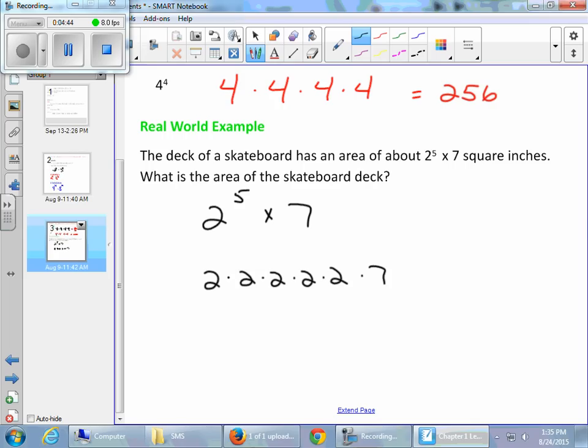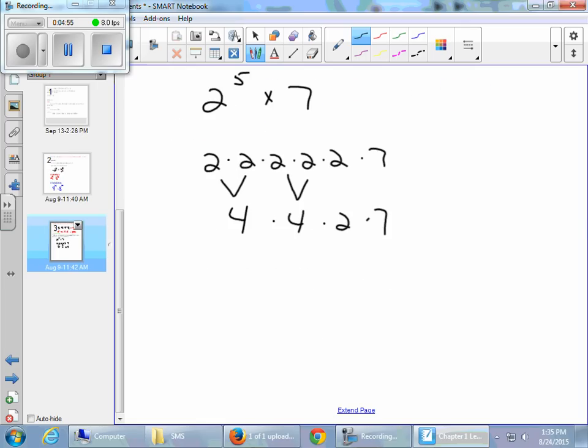So first, if you want to break it down, 2 times 2, you can do it this way, 4. There's 4 there. And drop down our 2, drop down our 7. So now we have 4 times 4 times 2 times 7.